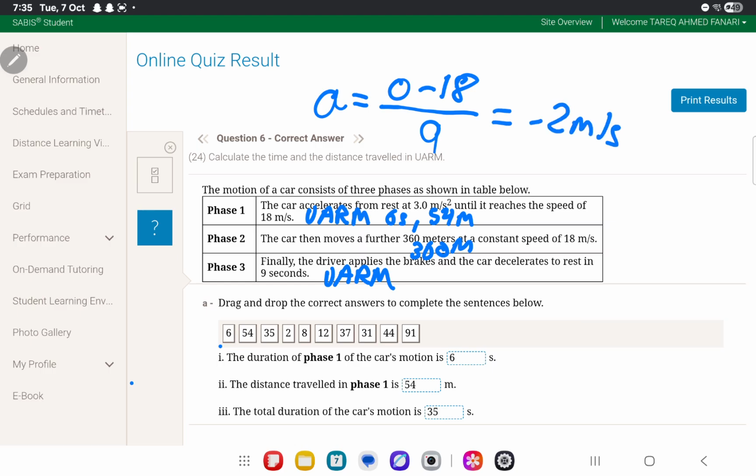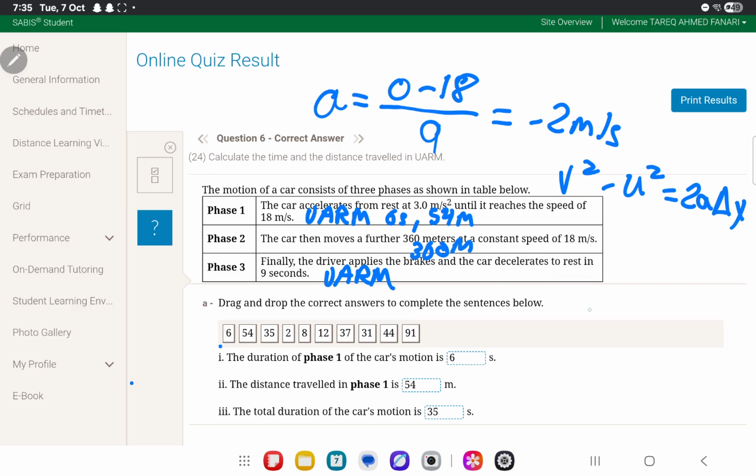Now, I'm going to apply the time-independent equation because I don't want to find time, I'm too lazy. V squared minus U squared equals 2A delta X. This is one of the equations and it's very, very important. V is 0, because you decelerated to rest. This is your final velocity.